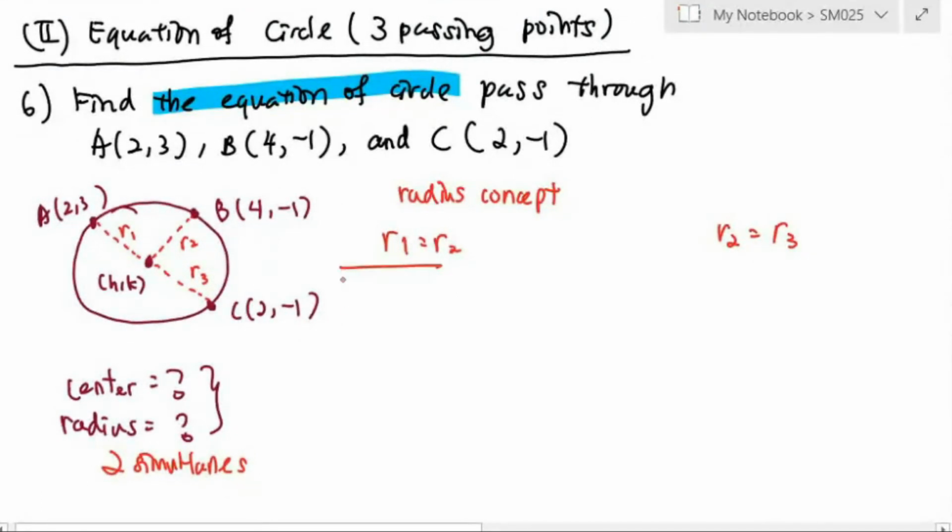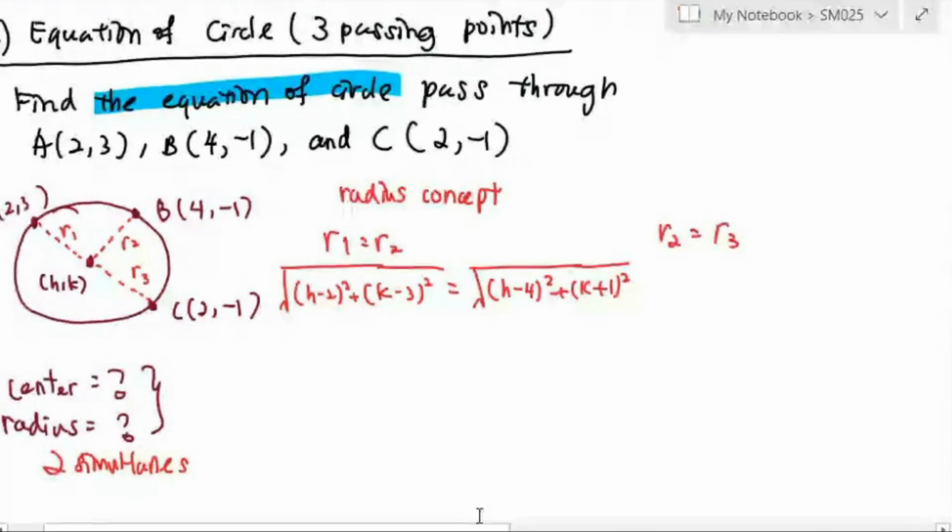It will involve the distance between 2 points. So this is my R1: (h minus 2) square plus (k minus 3) square equals to R2, the distance between the other 2 points: (h minus 4) square plus (k plus 1) square.